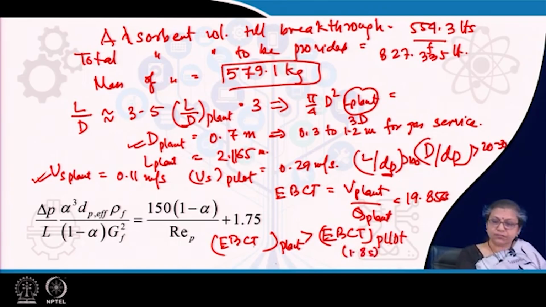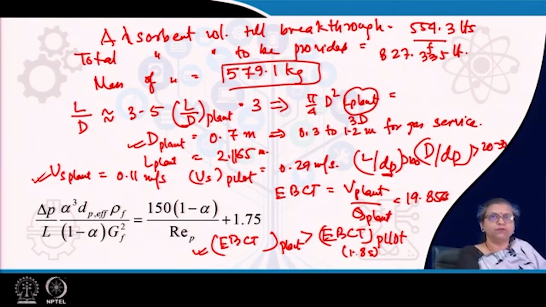And if you remember, we had said that EBCT should vary within a particular limit, and we find that it is less than 30 seconds, which is the permissible limit. So, the EBCT is greater than that obtained from the pilot plant data, but since this ensures better contact, we go ahead with this.